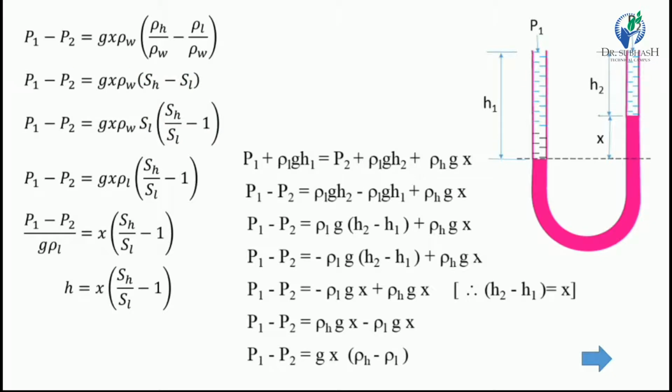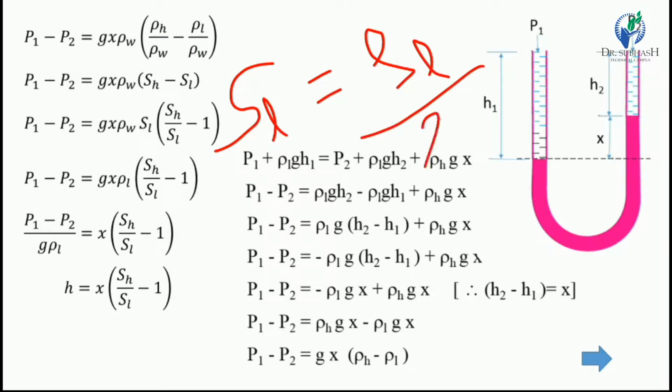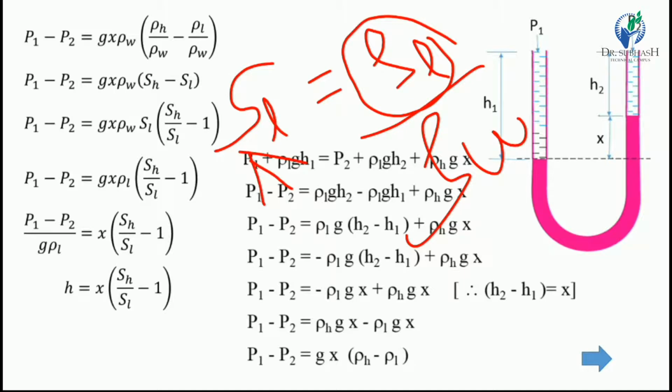Now take the specific gravity of the light liquid common from the bracket, so in the bracket Sh upon Sl minus 1. Specific gravity of light liquid equals density of light liquid upon density of water, so density of the light liquid equals specific gravity of light liquid into density of water.